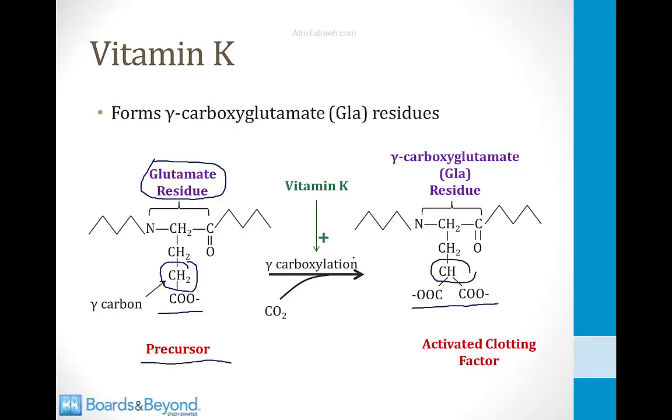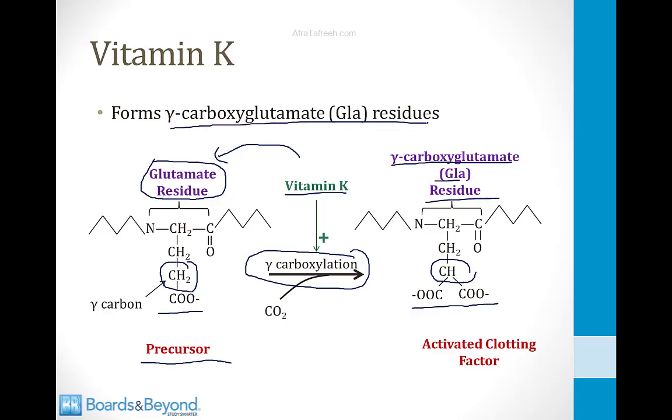This type of reaction is called a gamma carboxylation, and vitamin K is an important cofactor for that gamma carboxylation. Once the glutamate residue has been gamma carboxylated, it is now called gamma carboxyglutamate or GLA, or a GLA residue. So what you will read in textbooks is that vitamin K is necessary for forming gamma carboxyglutamate or GLA residues on precursor proteins, and that's because you need to add this second carboxylic acid group to the gamma carbon on the glutamate residue.